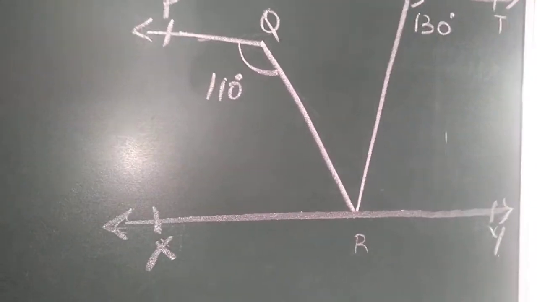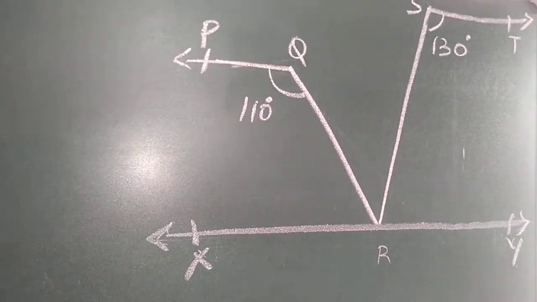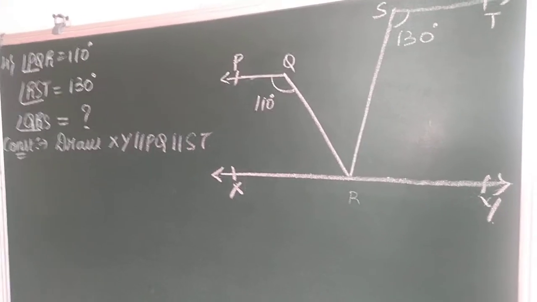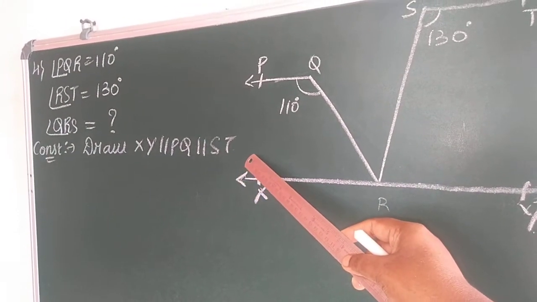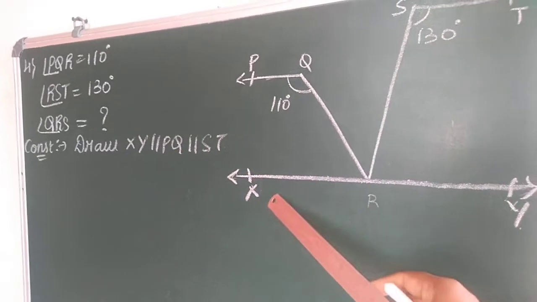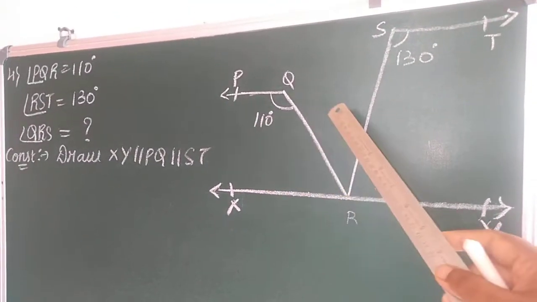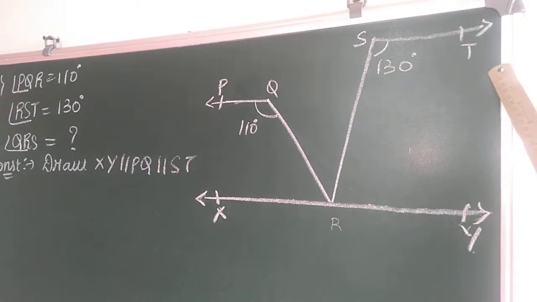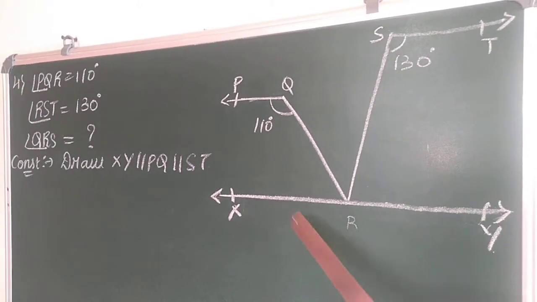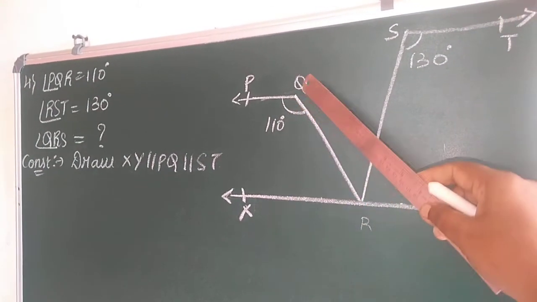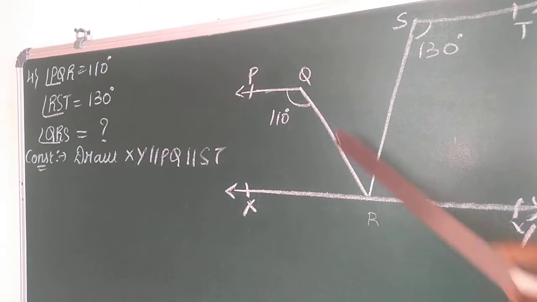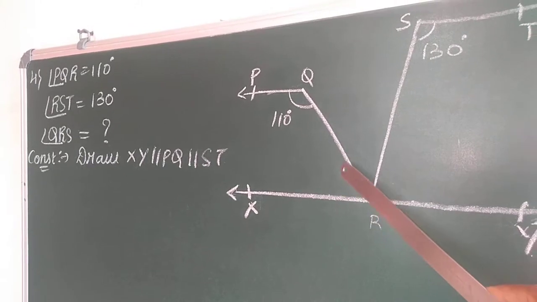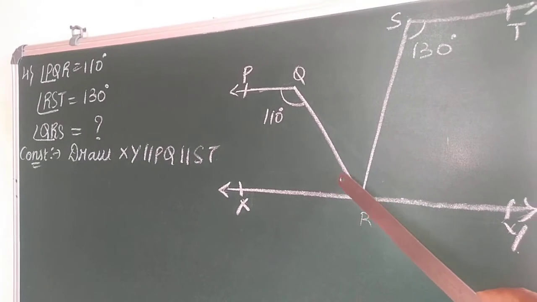Okay children, once you complete the construction, we need to write in our solution what we have constructed. Draw XY parallel to PQ, and it is also parallel to ST. Now when these two lines are parallel, coming to the first case, PQ is parallel to XY, so QR is a transversal. QR is a transversal means these two angles are lying on the same side of the transversal.